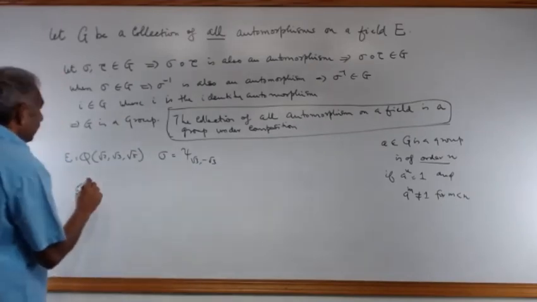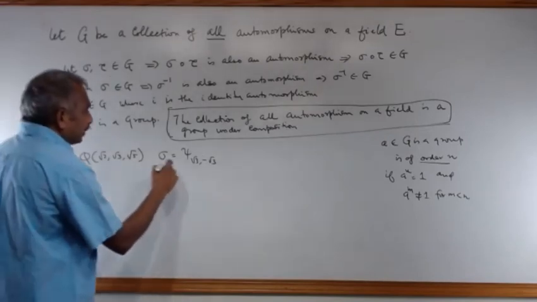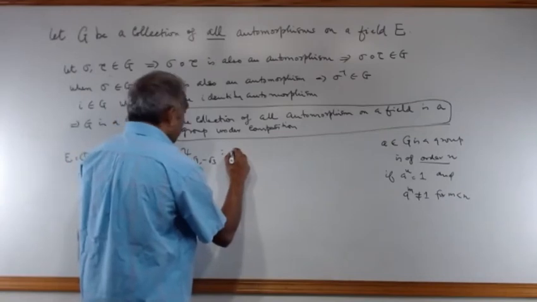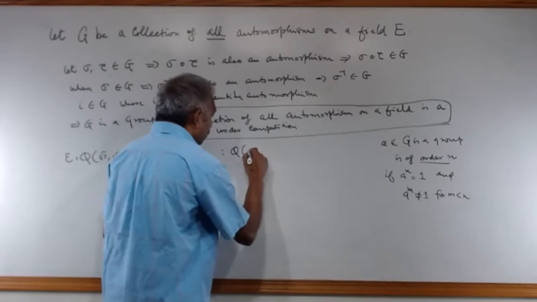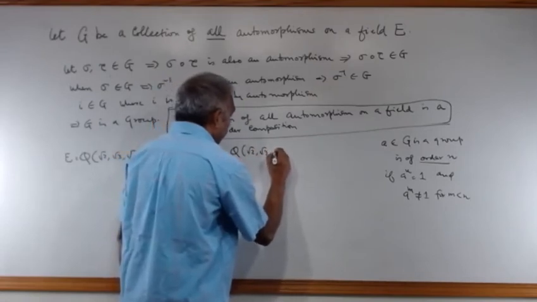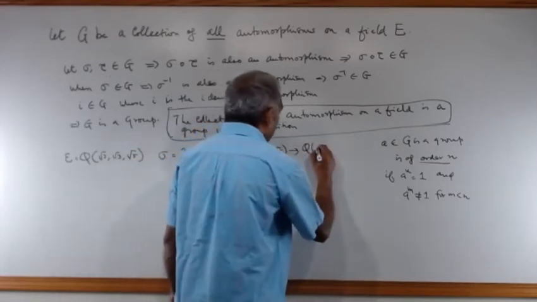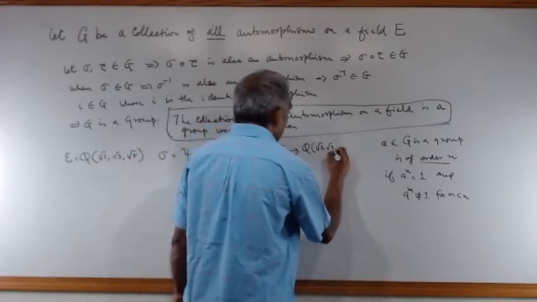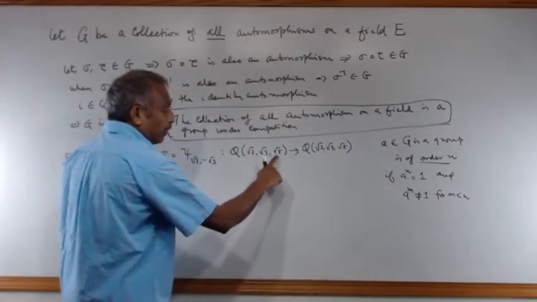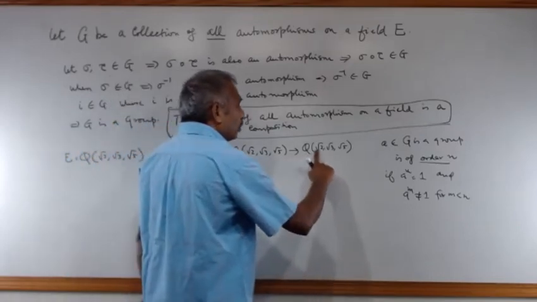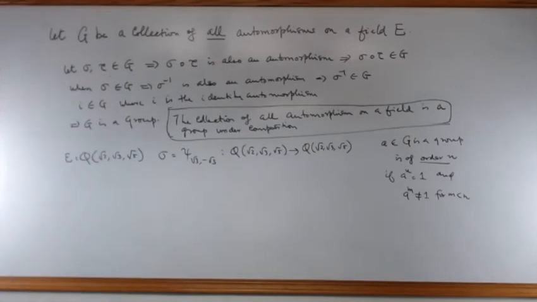So this is actually from Q of root 2, root 3, root 5 to Q of root 2, root 3, root 5. It's actually from Q of root 2, root 5, of root 3 to Q of root 2, root 5, of minus root 3, but I'm not going to write it like that.